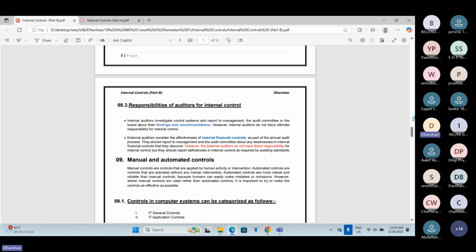So write, first point under internal auditor: Internal auditor should review effectiveness of company's internal control system.